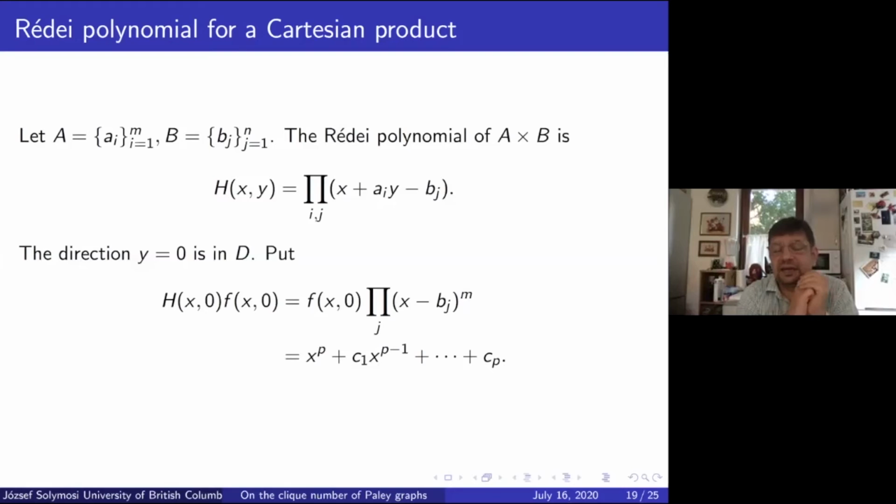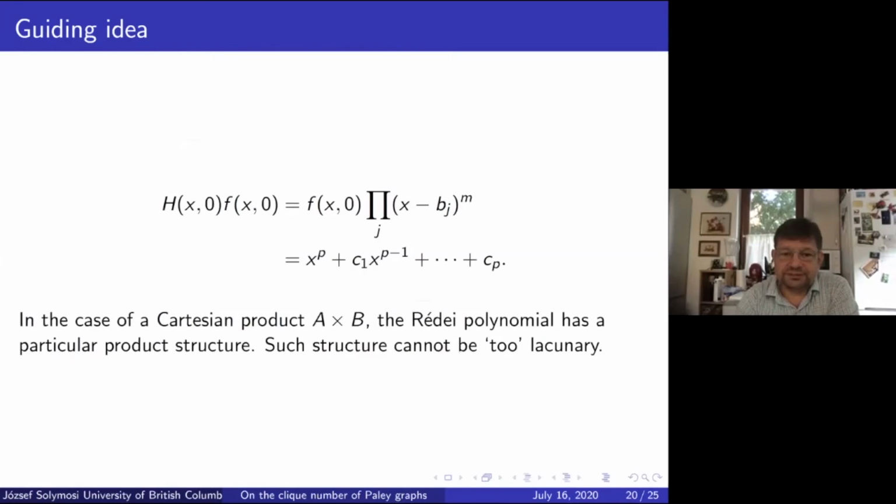But now we will check this polynomial in a special direction, y equals 0, which is in D. Okay, so we want to show that some, or a relatively large, C_i is not 0 in this form. Then we know that the corresponding H_i is not everywhere 0, and that gives you a bound on the number of directions.